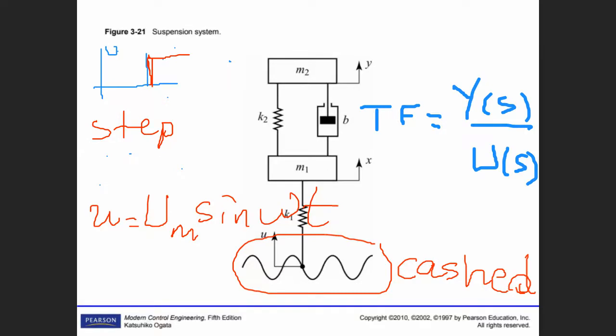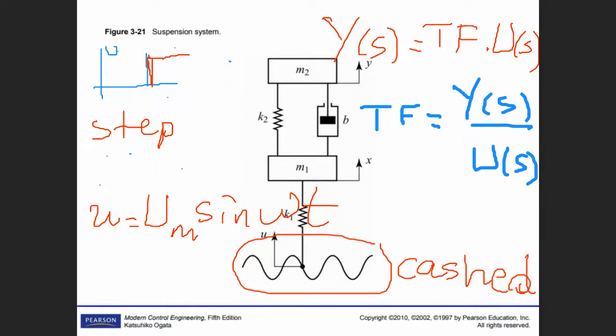So as long as you know the transfer function, you can calculate the output. What kind of vibration you are going to feel inside the body by calculating Y(s). Y(s) is equal to TF times U(s).